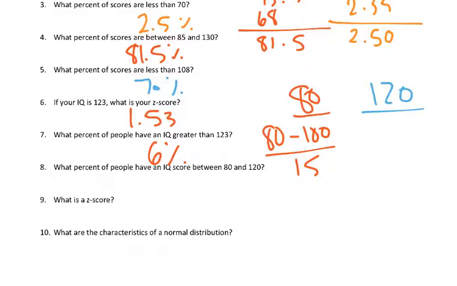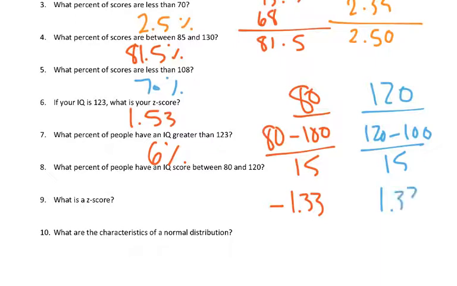Okay, so we type that into our calculator, and it gives us negative 1.33. Okay, then we do it for 120. So 120 minus 100 divided by 15, which gives us positive 1.33.